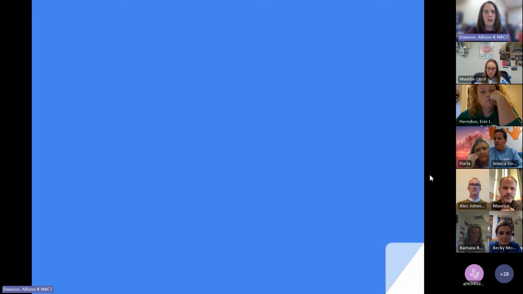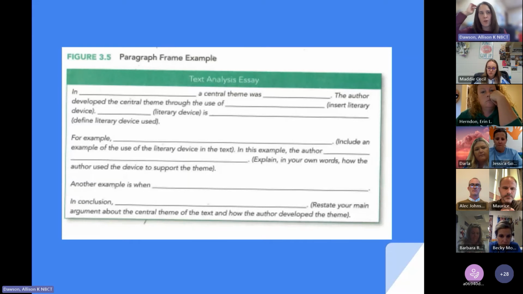All right, there we go. The next example is figure 3.5. That's on page 65 if you're following along in the book. I think this is a scaffold that many teachers use, using sentence starters, sentence frames, or a paragraph frame. This is a more advanced scaffold. But what I like about sentence frames and paragraph frames is that you can make them very simple or you can make them more complex.